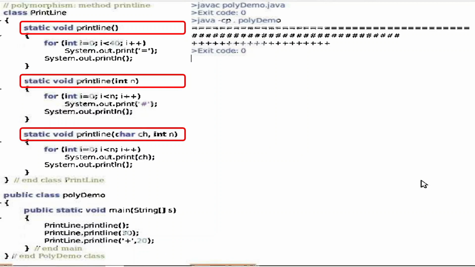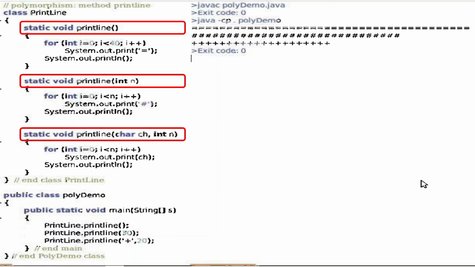So let us see an example which is given in the textbook. Here the class name is Println, with capital P and capital L. As you know, a class name begins with a capital letter. Then there are three methods in that class: static void println, static void println, static void println. All three methods have the same name and the same return type.